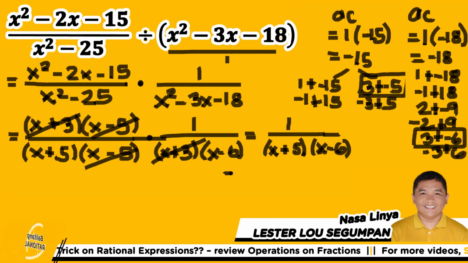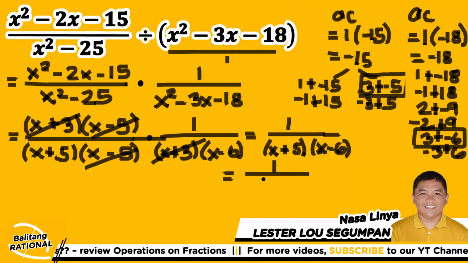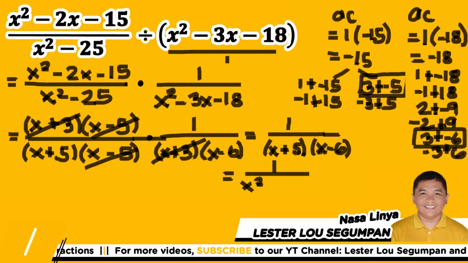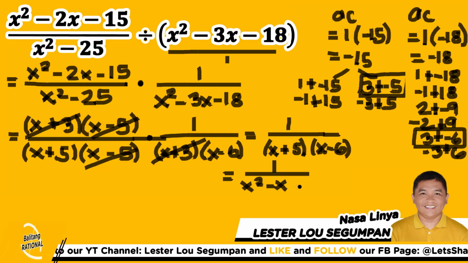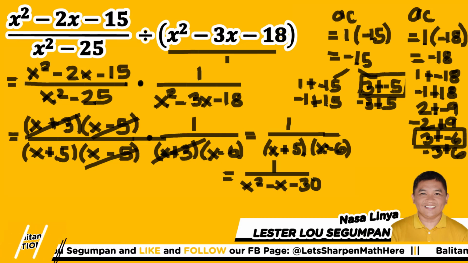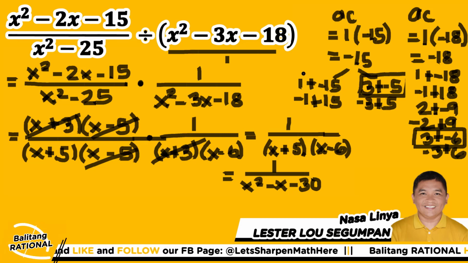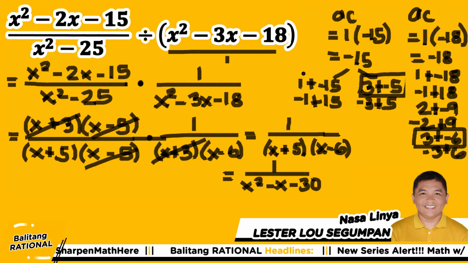Or if you would like to continue multiplying your denominators using the FOIL method, you will have 1 over x squared, you have 5x, and then you have negative 6x, so you have minus x, and 5 times negative 6 is minus 30. So we are done with our task, and na-simplify na po natin yung ibinigay na rational expression.